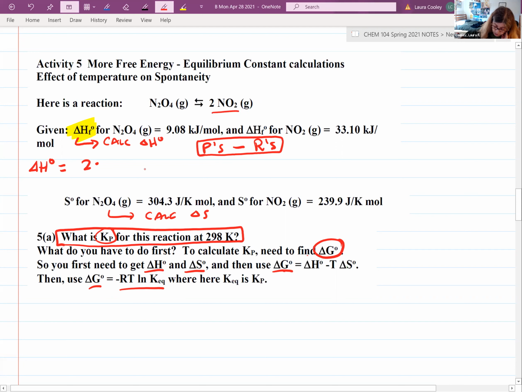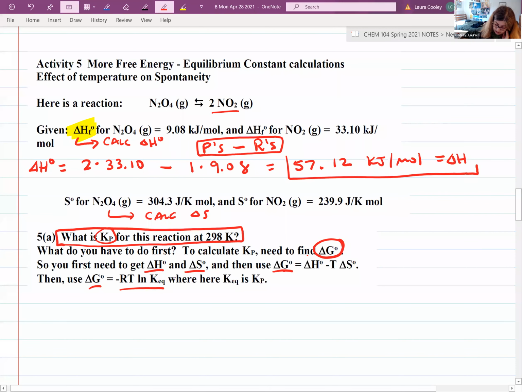NO2 is the product. It's 2 of them. So 2 times 33.10 minus 1 times 9.08. And that comes out to 57.12 kilojoules per mole. So that is the delta H0 for this reaction.